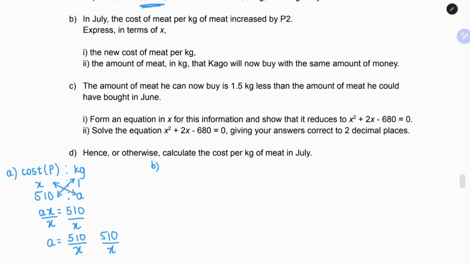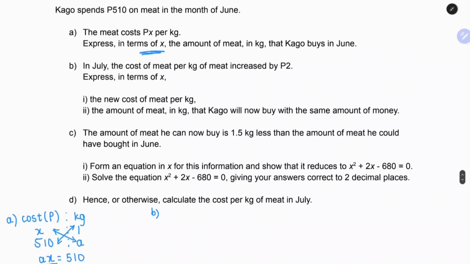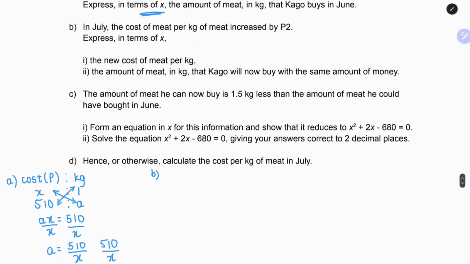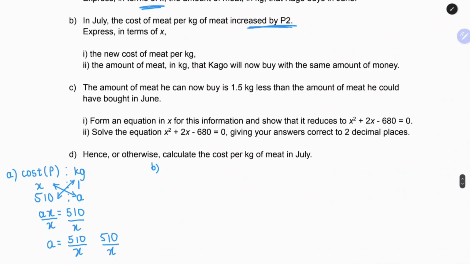And initially it told us in the first question that meat costs X pula per kg in June. So this time it has increased by 2 pula, so it's going to be X plus 2 pula in the month of July. Since it increased by 2 pula, that means we just add 2 pula. So it's basically the same thing that we've been doing in the previous questions.